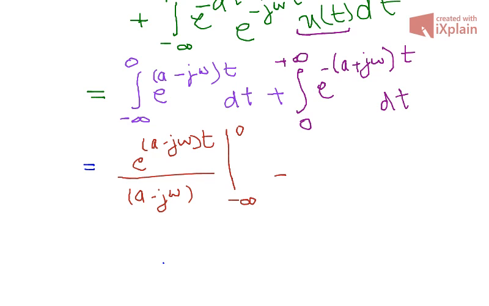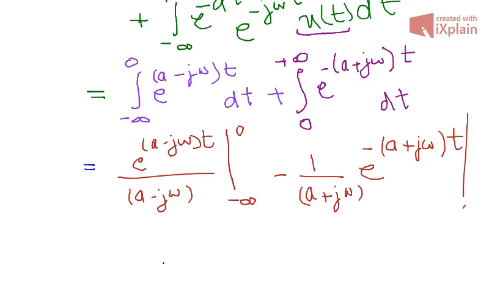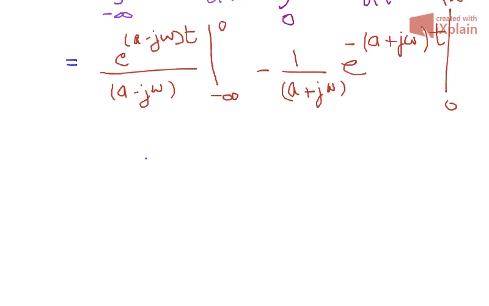So I will just write the minus sign here: minus 1 over (a plus j omega), e raised to the power minus (a plus j omega)t. And the limit is from 0 to plus infinity. This is the limit. So let's try to solve it further.